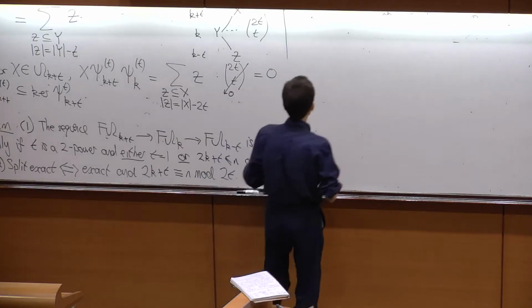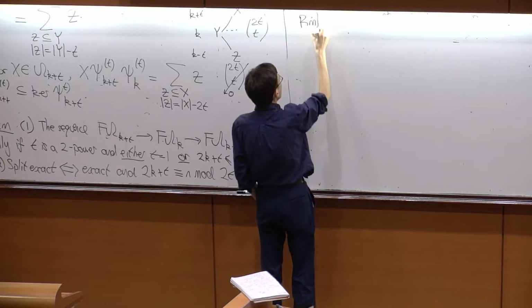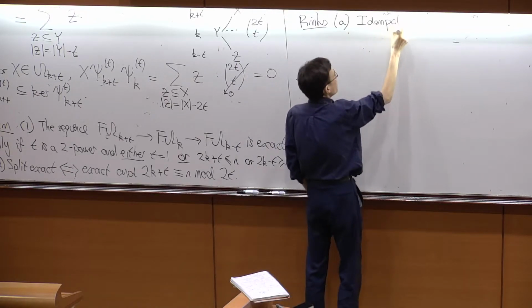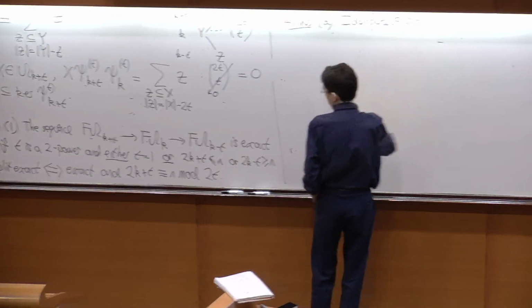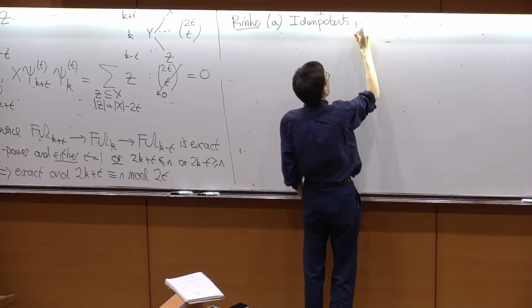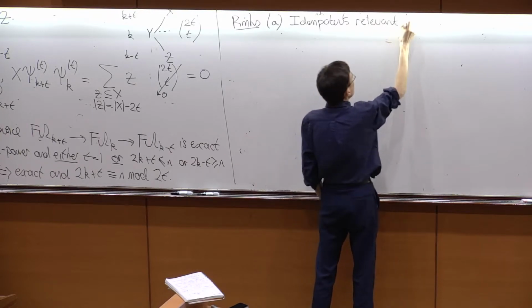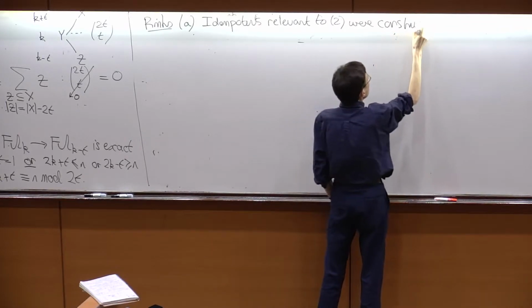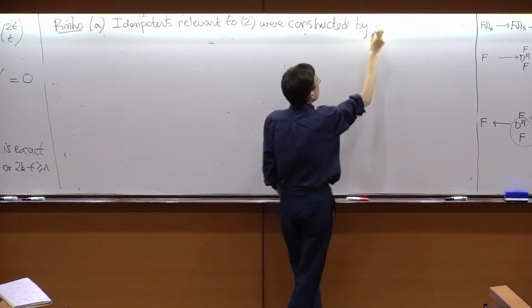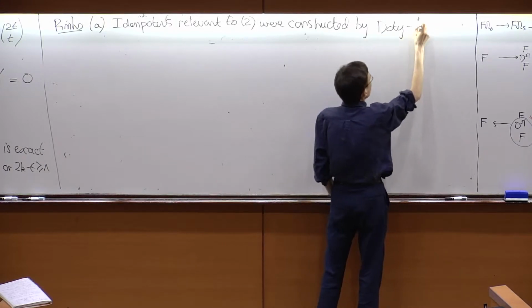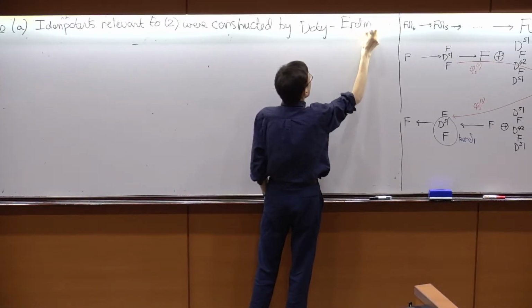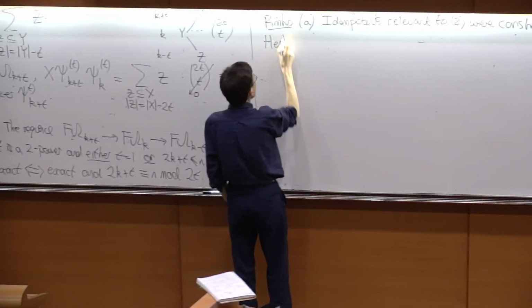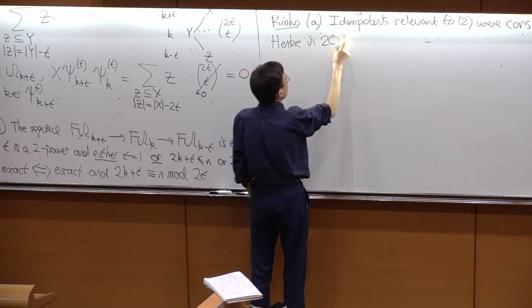So let me just make a couple of quick remarks on this. Some idempotents that are relevant to this splitting in two were constructed by Steve Doty, Karen Erdmann, and Anna Henke in 2007.